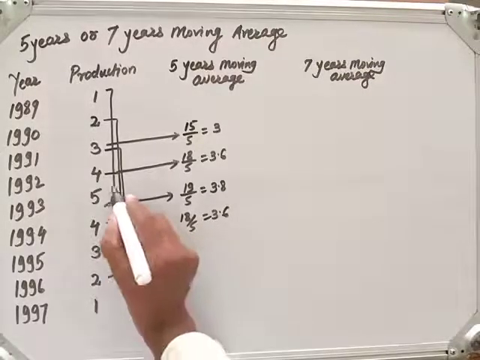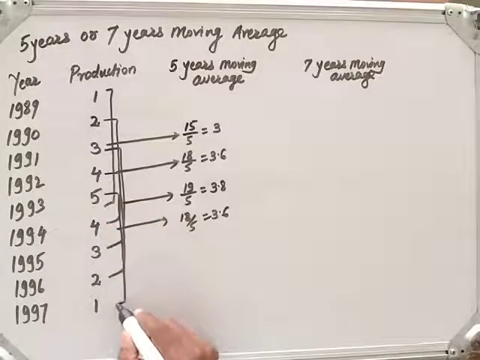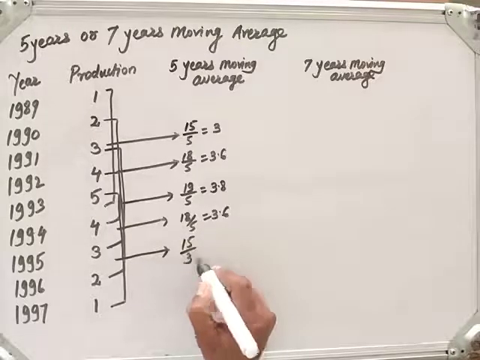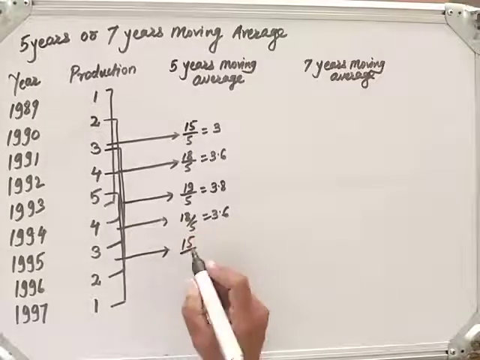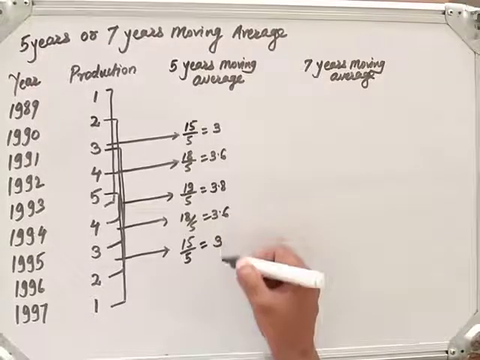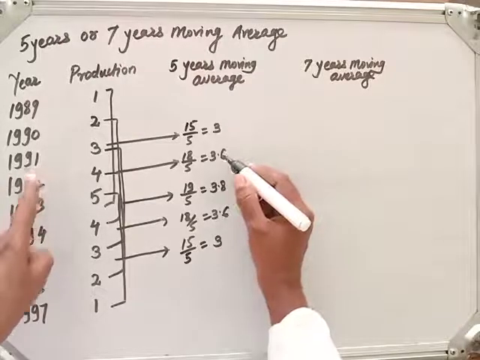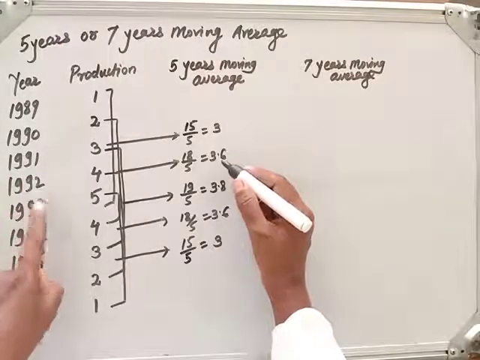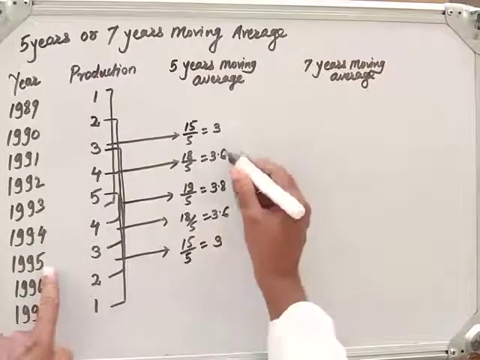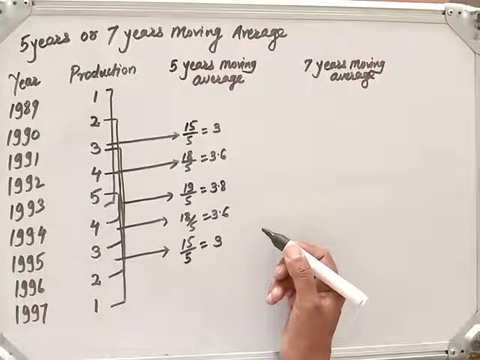You can check. Then the next 5 from here: 15 divided by 5 is 3. These are the moving averages. The middle year here is 1991, then obviously 1992, 1993, 1994, 1995. As such you can take the middle years, plot a graph and get a trend line.